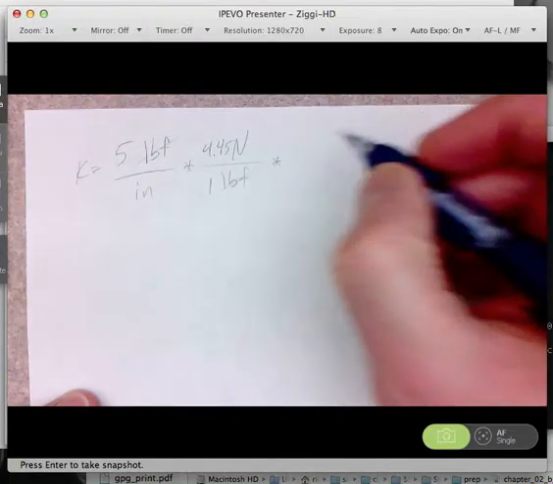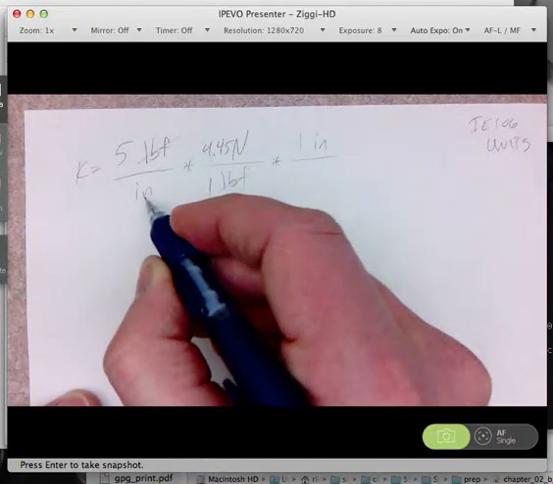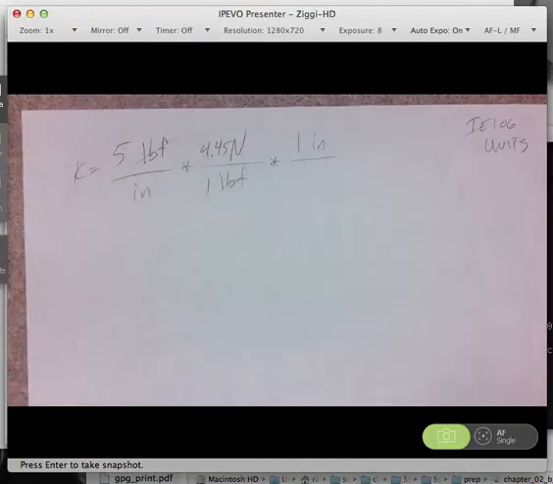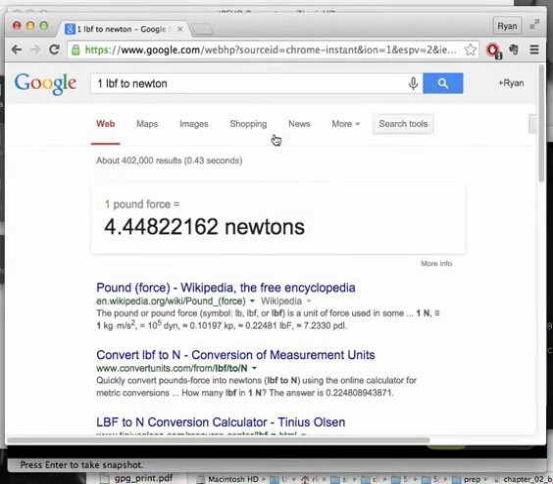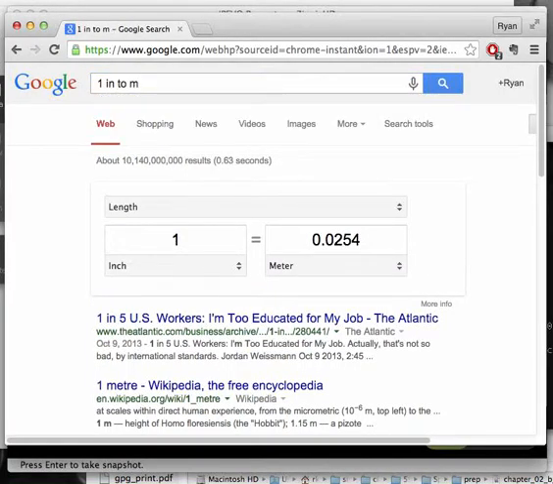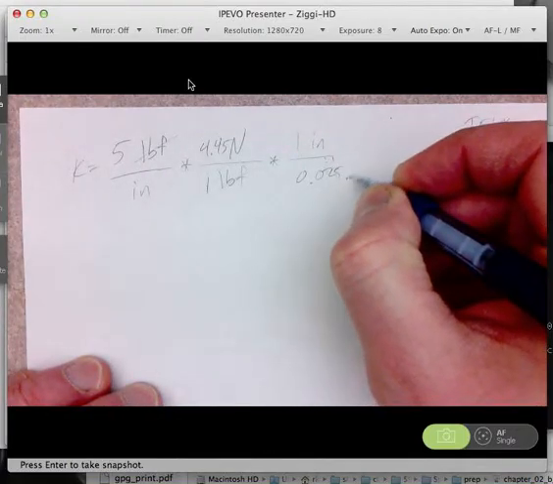And so the next thing, I would need to have inches in my numerator to cancel with inches over here in the denominator. And so the question is, 1 inch is how many meters? And again, I would look that up on my unit conversion sheet. I'm still going to go to Google for the time being, and apparently this is 0.254 meters.